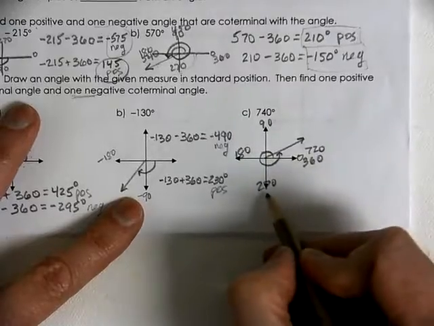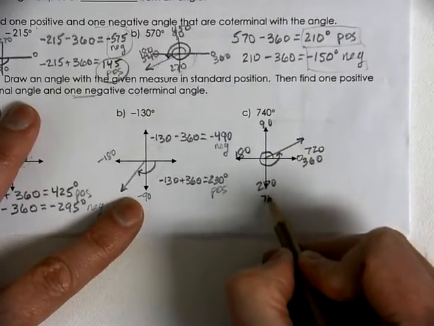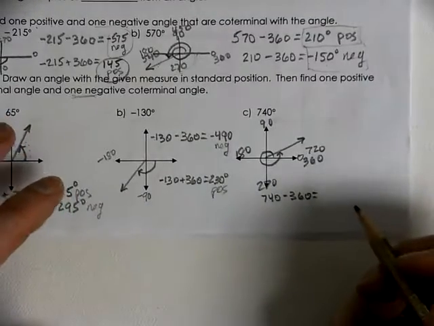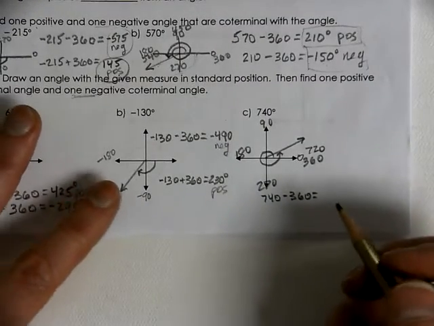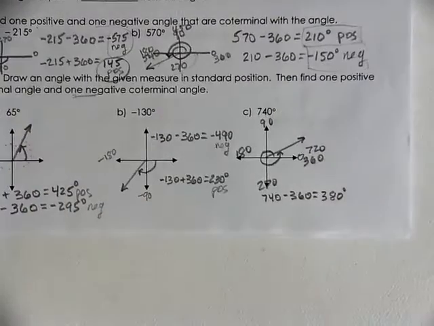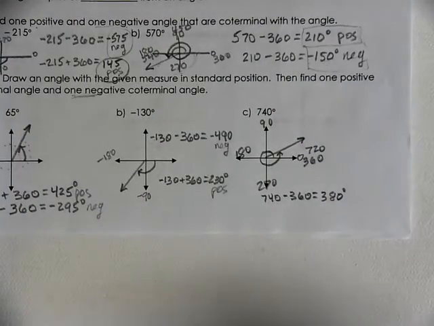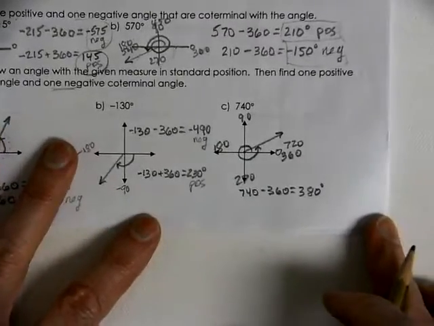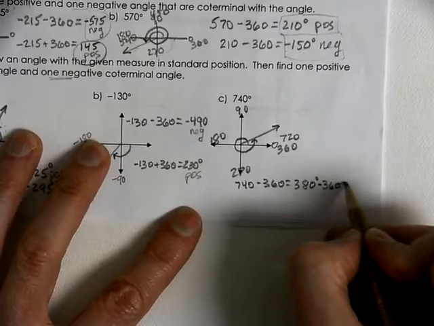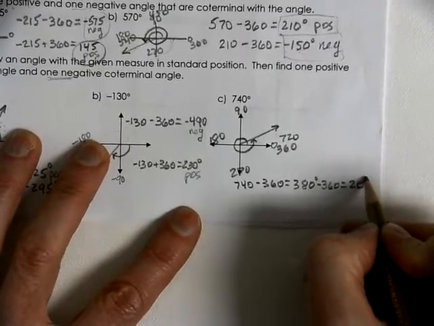So if I take my 740 and subtract my 360 from it, I'm going to get 380 degrees. That would be a positive coterminal, no doubt. But I can subtract another 360 from that, and I'm down at 20 degrees.